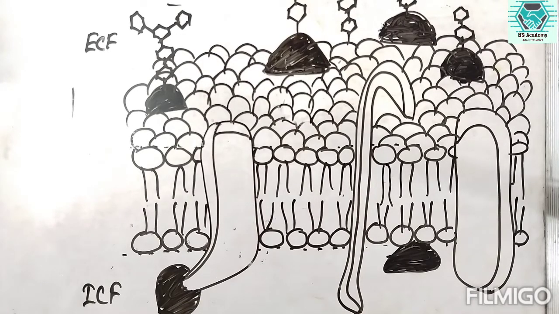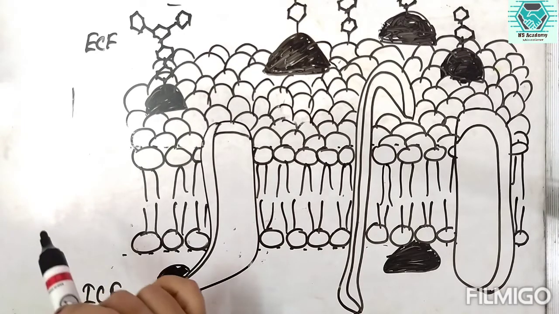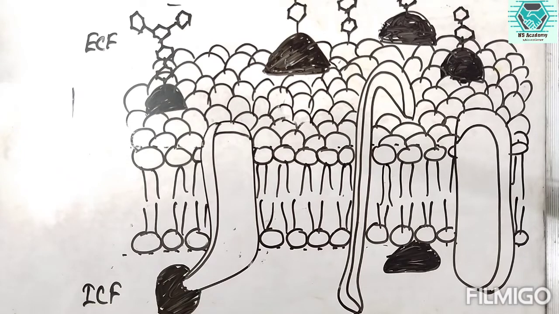So this is the structure of the cell membrane, and if we consider a small portion of the membrane and magnify it under an electron microscope, we can see the structure. These molecular structures are basically made up of lipids and proteins.